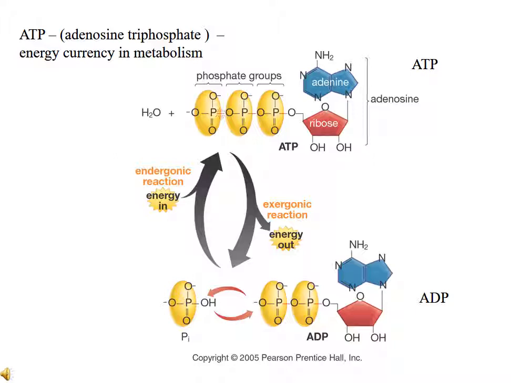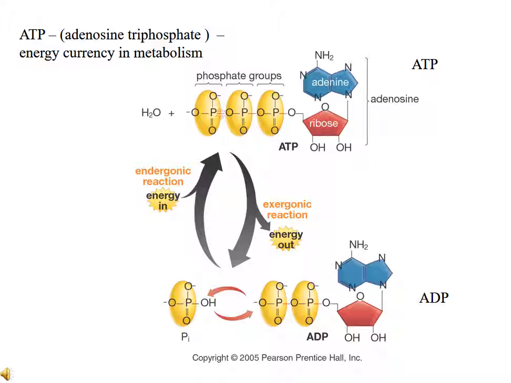If you now look to see what happens when ADP goes to ATP. This occurs when a chemical reaction is taking place, energy is produced, and that energy needs to be stored.